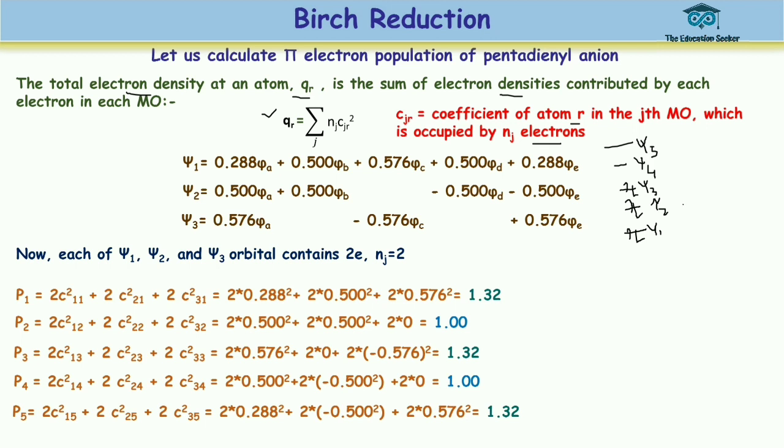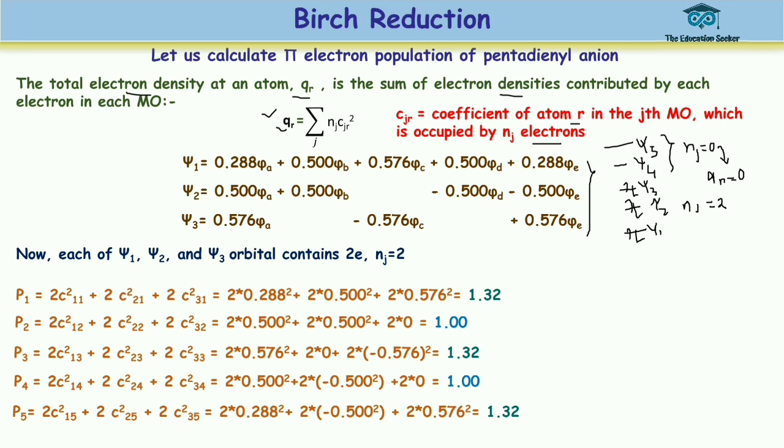So Nj equals 2 for each orbital, and for Psi4 and Psi5 Nj equals 0, as each of these orbitals has no electrons. So if you put Nj equals 0 in the above expression, QR comes out to be 0. So Psi4 and Psi5 will not contribute, right? So we will only consider Psi1, Psi2 and Psi3.